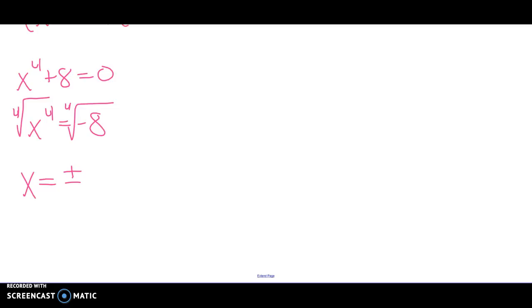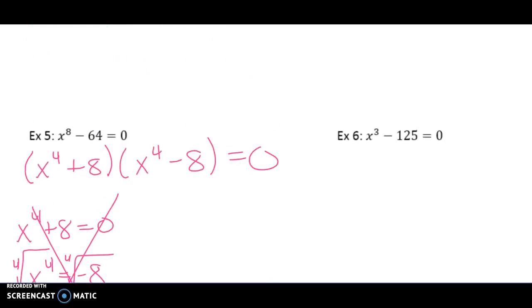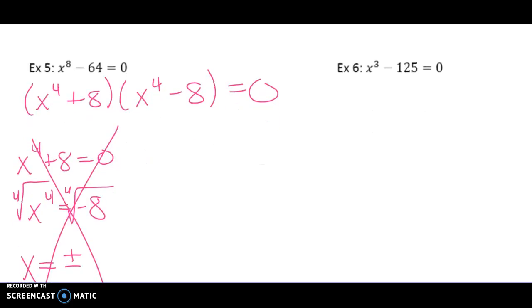But ultimately, did we get any good real x-intercepts out of that? No. So that means the other factor is the one that gave us some real x-intercepts. So that comes out to be x to the 4th equals 8. 4th root both sides, and it is plus or minus because it's an even root.